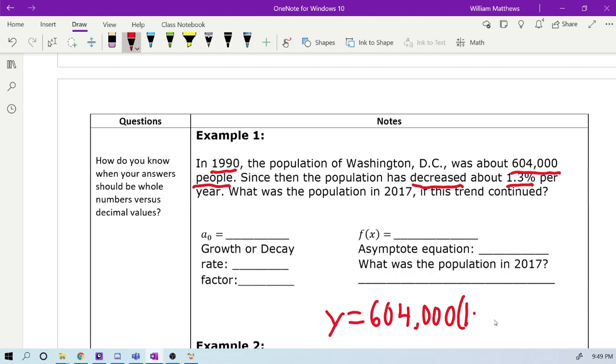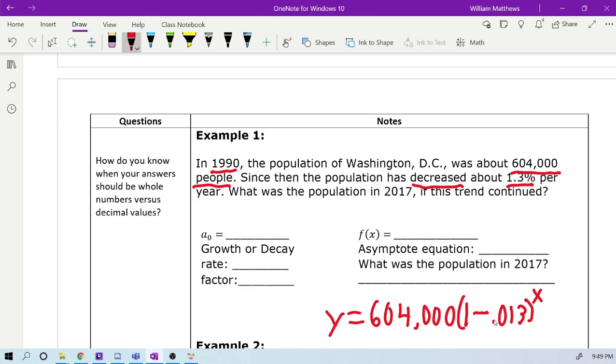So the decrease means that we are going to be subtracting from 1. And to change a percent to a decimal, we just move the decimal place over 2 positions, giving us 0.013. And all this is still going to be raised to the power of x.